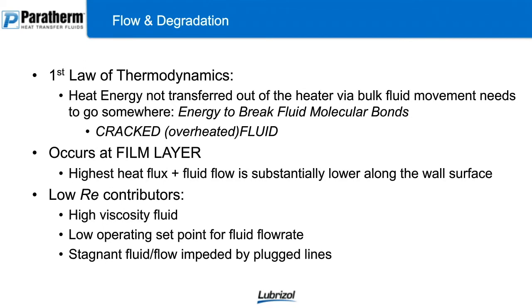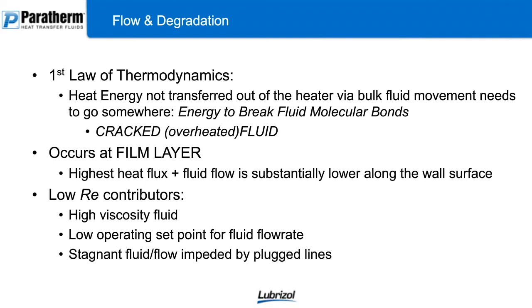If you have a really high fluid viscosity, either inherently it's just a high viscosity fluid, or you're operating at high heat with a cold, slow-moving fluid, that's going to give you a low Reynolds number and increase your potential to crack the fluid. We talked about set point for fluid flow rate. Now, again, here's a key point we'll bring back to the beginning when we talked about fluid flow and making sure you select the proper fluid.